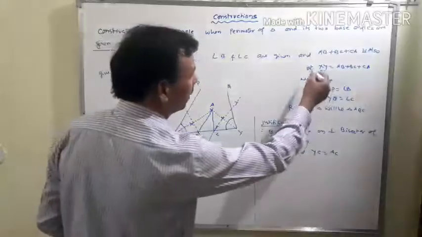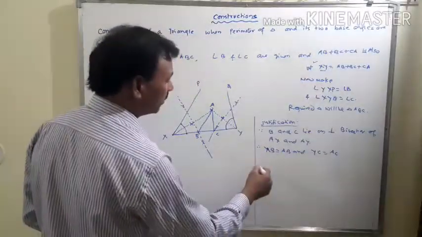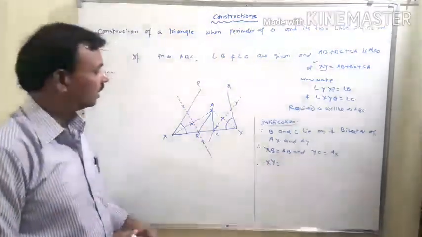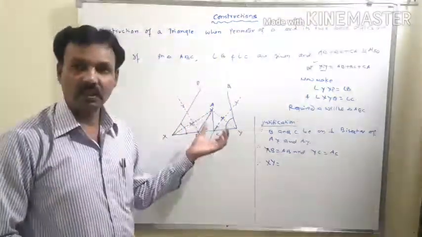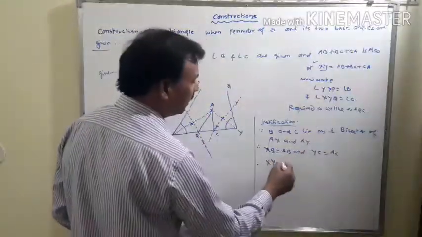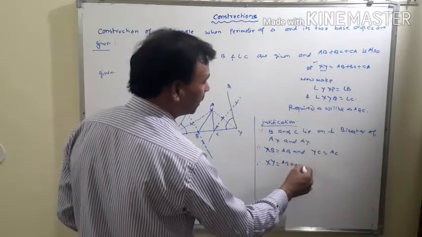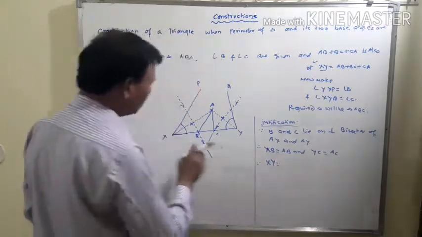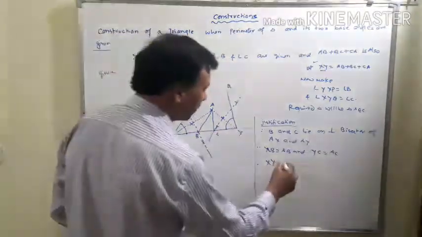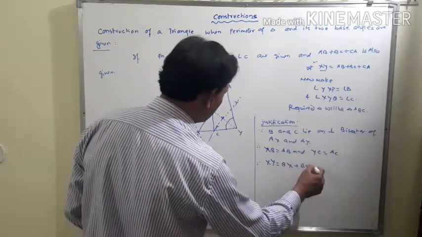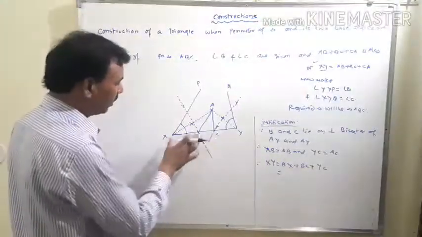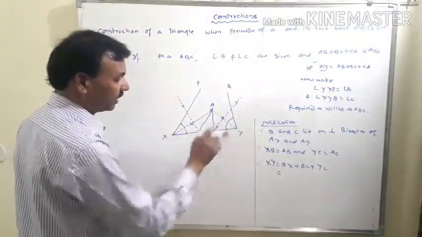Since XY is equal to the perimeter of the required triangle ABC, we can break this: XY equal to BX plus BC plus YC.